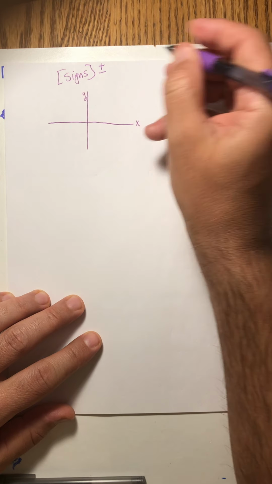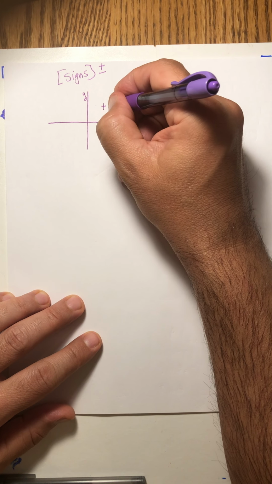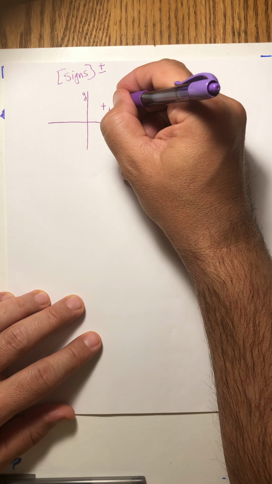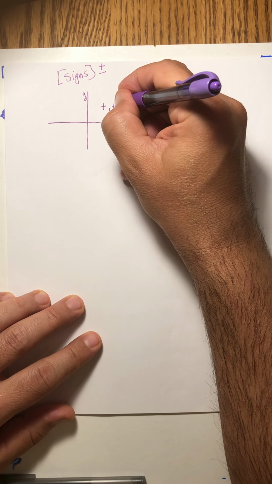X, Y. Well, X's are positive, all Y's are positive. What about quadrant 2? Well, your X's are negative, but your Y's are positive. Quadrant 3, both are negative. And in quadrant 4, your X's are positive, the Y's are negative.